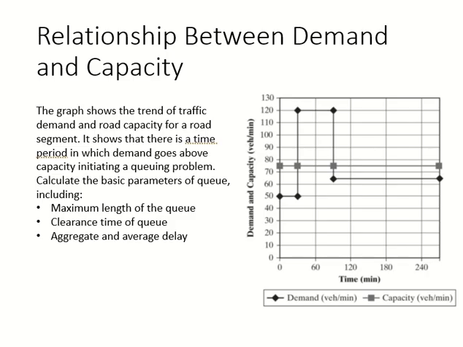We'll start first with the queue. Now, at this point, the capacity of the road is 75 per minute. The demand is 120. What is the difference between them? How much? 45, right? 120 minus 75 is 45.